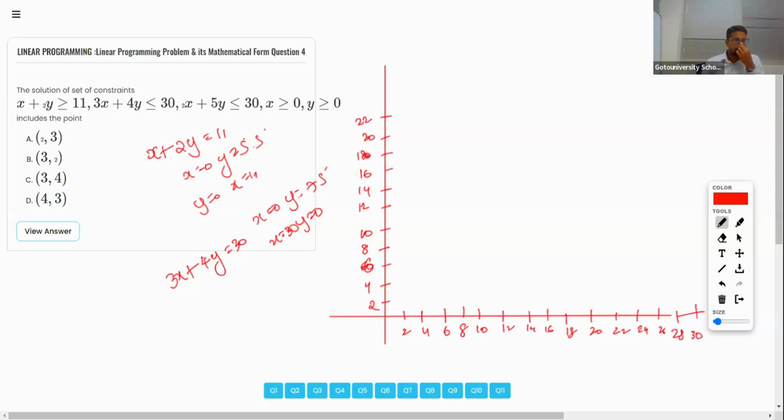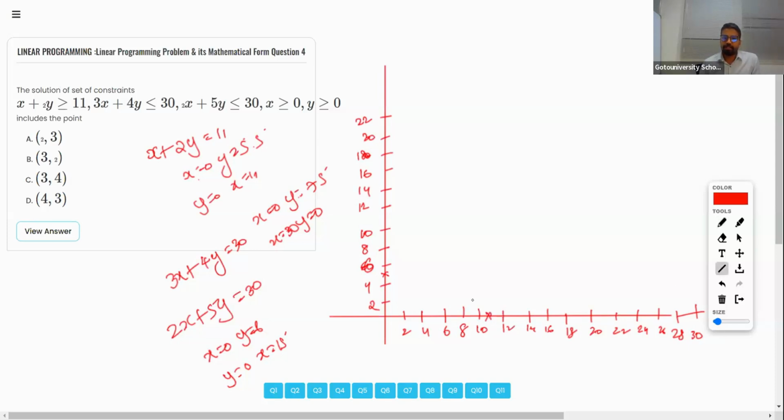So the problem here is we have to find out the region, right? Another equation is 2x plus 5y is equal to 30. When x is equal to 0, y is equal to 6, and when y is equal to 0, x is equal to 15. Okay, so for the first line, we have (0, 5.5) here and (11, 0) here.